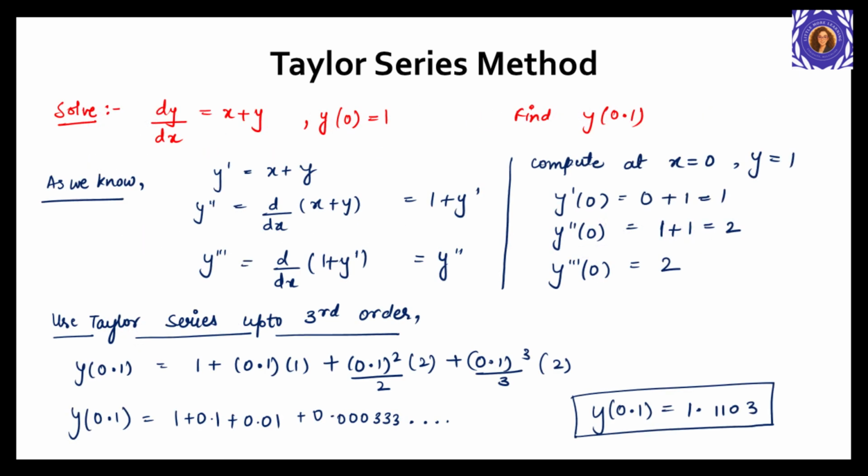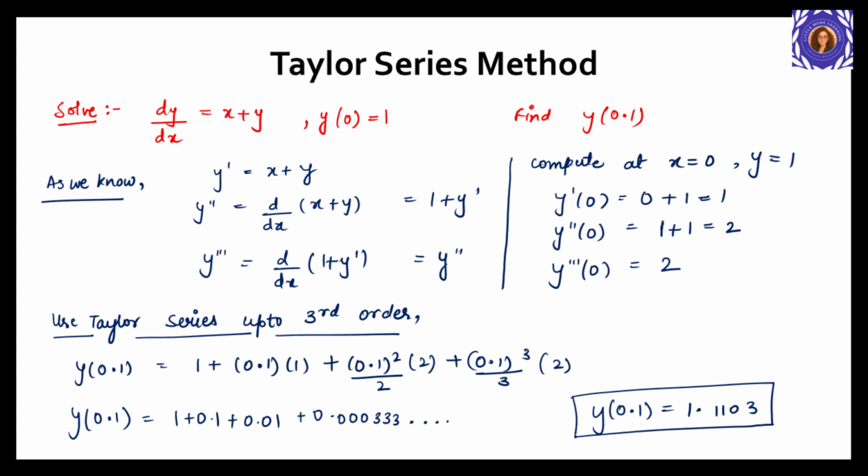Now let me walk you through an example for the Taylor series method. We are given a differential equation dy/dx equals x plus y, where y(0) is 1, and we need to find y(0.1). Here, as we already know, we calculate the derivatives of y up to third order and then compute them at x equals 0 and y equals 1, getting the values for them.